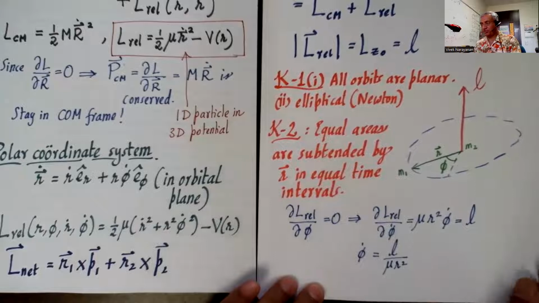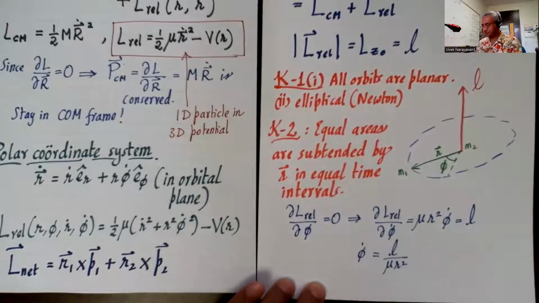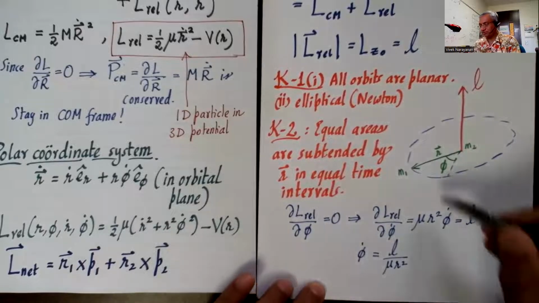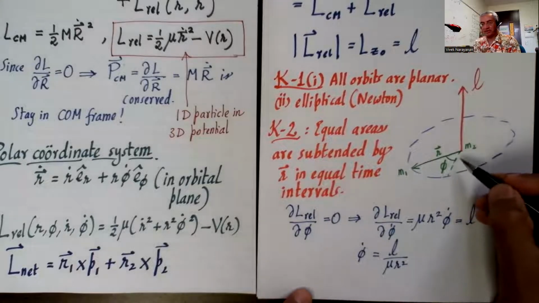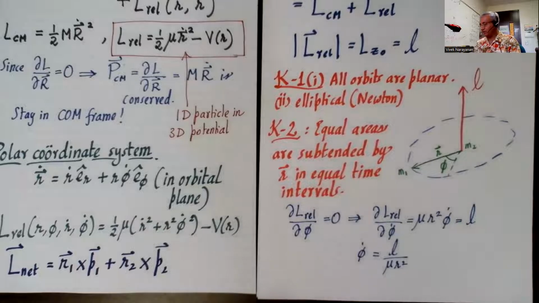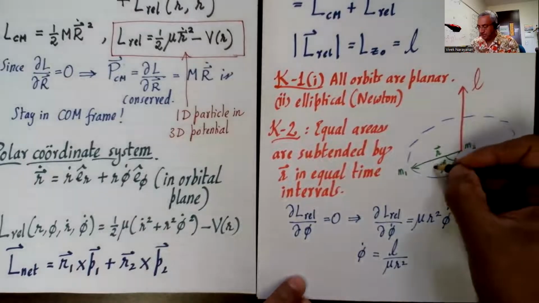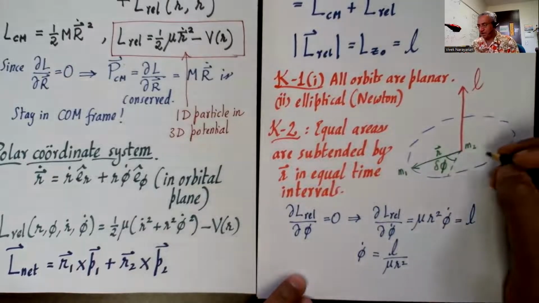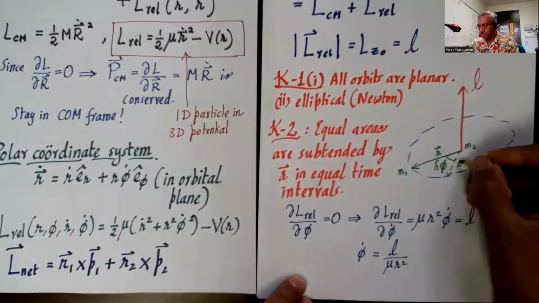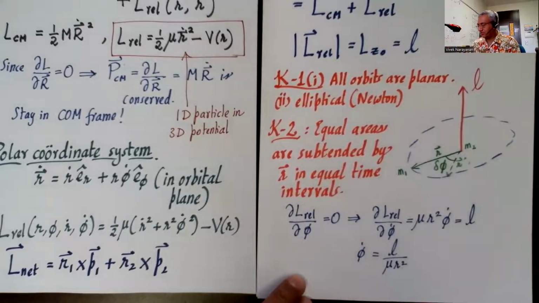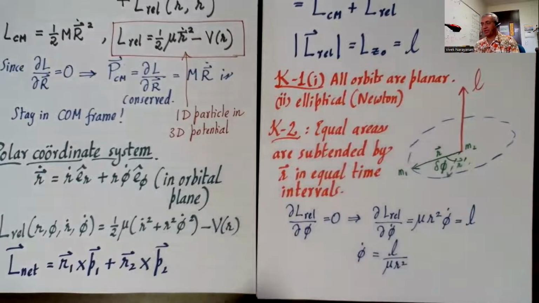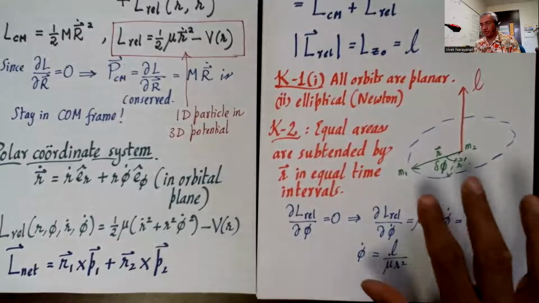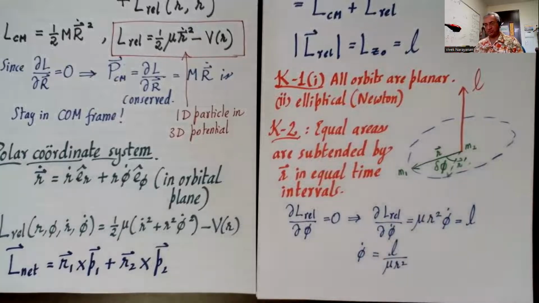The proof is actually kind of neat. I can use this figure. If I imagine that I'm going for a short distance, then this is going to be delta phi. Let's say I go from r to r prime, some new location in that short time. Now, this orbit, we don't know what shape it is, so we cannot make any statement about the shape.